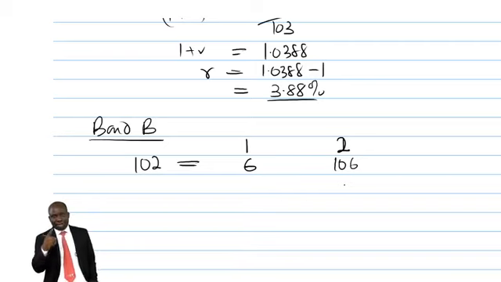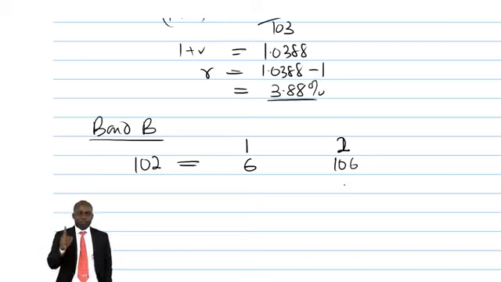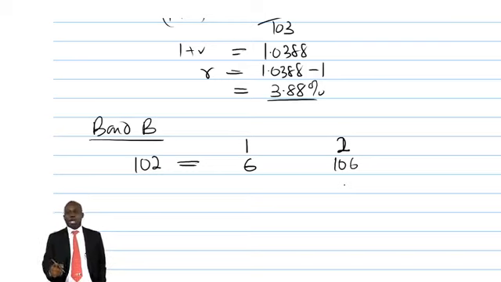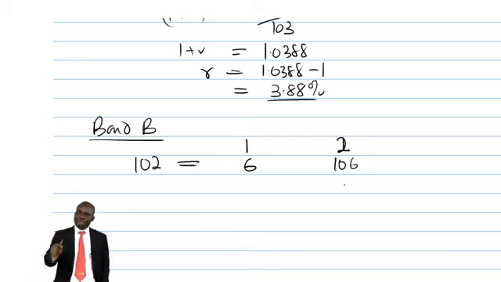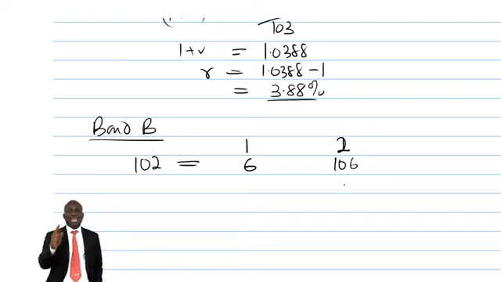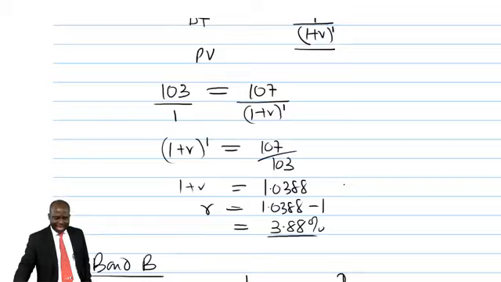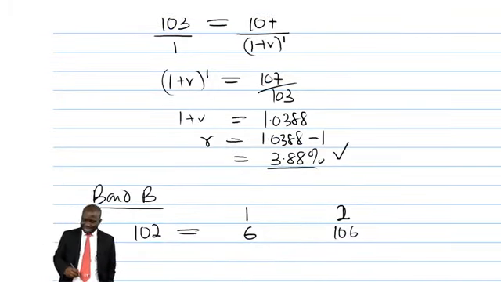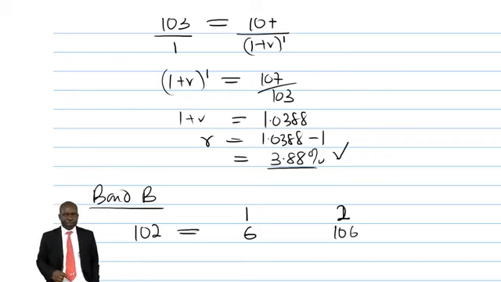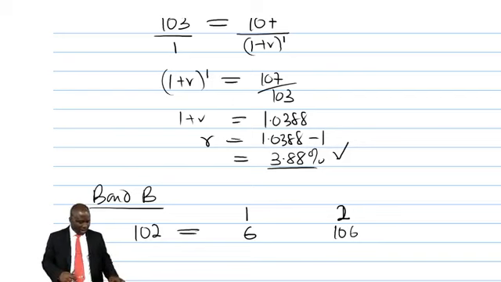But point of attention, be with me. This is what people mix. As long as bond A and bond B are of the same class, they will be entitled to the same return. So if year 1, bond A is making a return of 3.88%, then bond B will also have the same return.